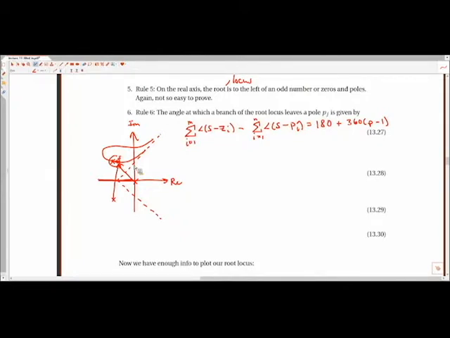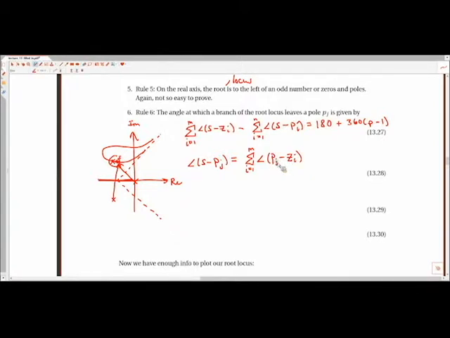We'll go through quite a few examples of this, to try and get you more comfortable with it. But what we're saying here is we want to know this angle. That means we're extracting this angle from the summation. So another way in which we can rewrite this, we're going to pull out a single angle from here. We're going to say that the departure angle of that test point minus our pole of interest, which we'll call Pj, has to equal the summation from i equals 1 to m of the angle of s minus the zero locations, I'm sorry, Pj.